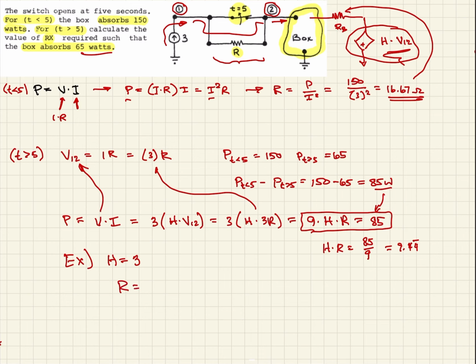R then is going to be equal to 9.444 divided by 3. Again, that's just solving this equation here for R. And when we calculate that, we get that R must be 3.15 ohms. So this is a little bit different problem. It's kind of relating power to a variable voltage source, but this is how this works.